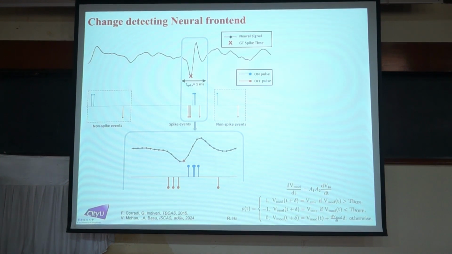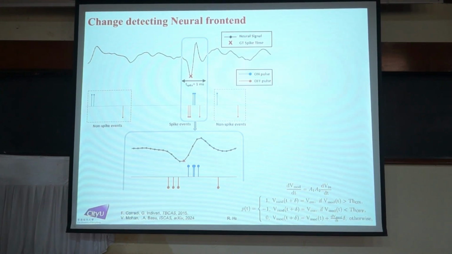But for a multi-channel recording, if you have to do spike sorting, you can't just threshold it, right? Because then you will lose information. For spike sorting, what you need is the shape of the spike, right?